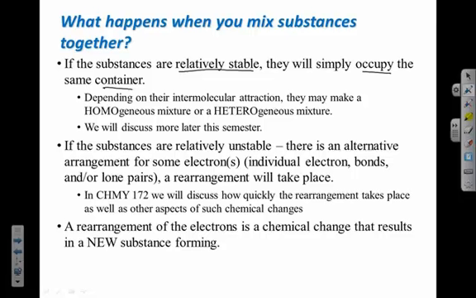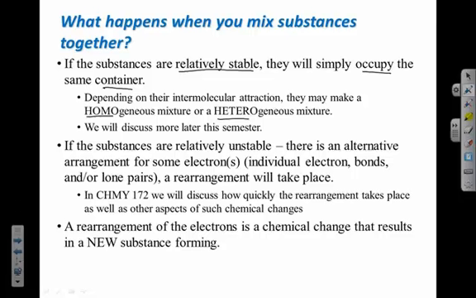And when they come together and just mix, there's two ways they can mix: homogeneously or heterogeneously. We already talked about that. The substances will mix homogeneously if they can form similar attractions to one another that they form when they're not mixed, which we'll talk about a little more later in the semester.